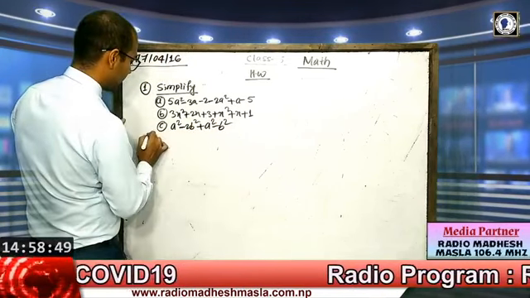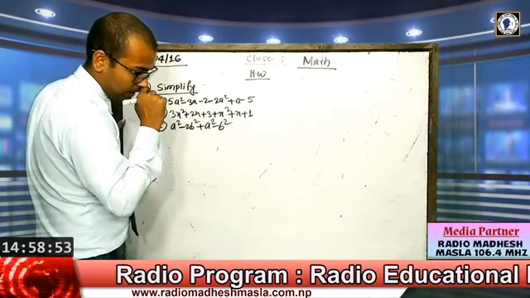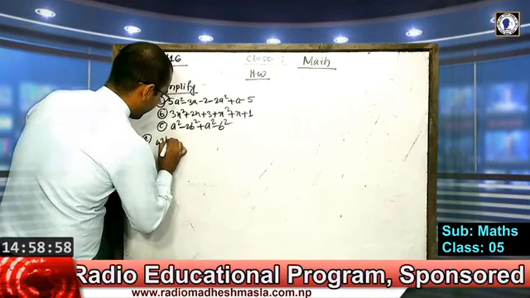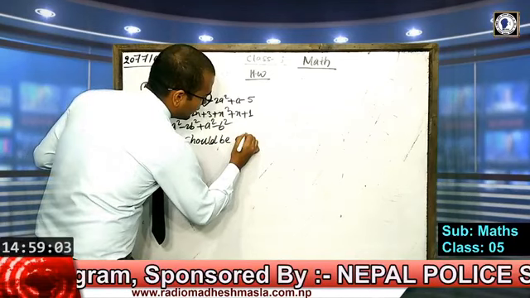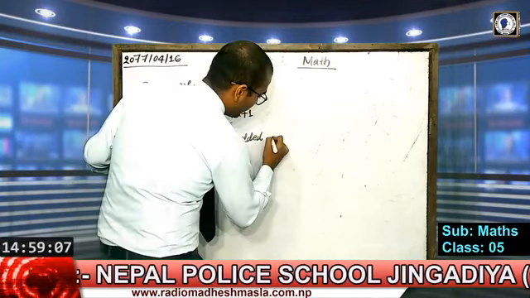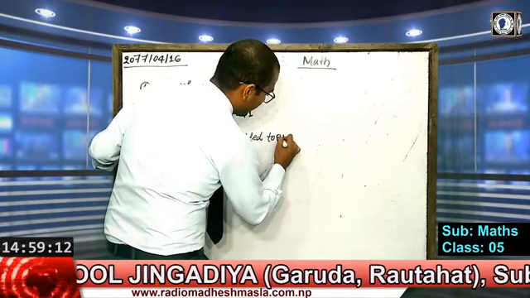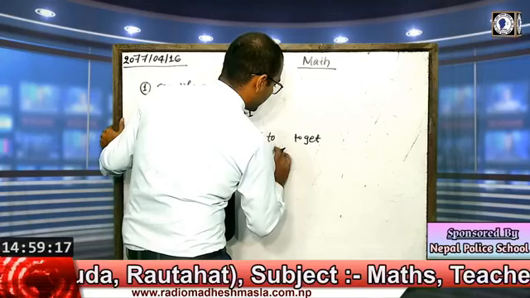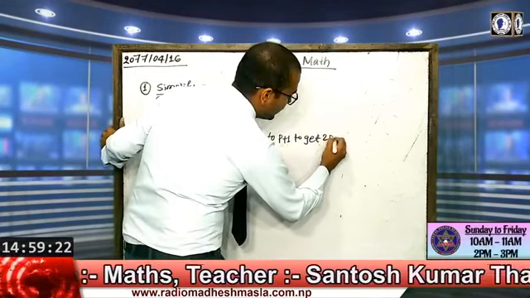Then question number 2: what should be added to p plus 1 to get 2p plus 2?